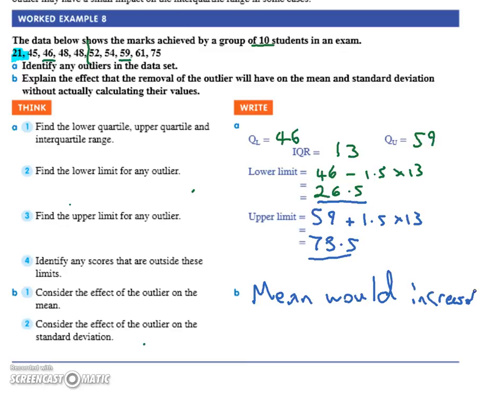Standard deviation refers to the distance that the scores deviate from the mean. If you took the 21 out, would your scores be more spread out or less spread out? Would that mean they are less consistent or more consistent? Would that mean they deviate more or less? So would your standard deviation be higher or lower? It'd deviate less, so your standard deviation would be higher or lower?